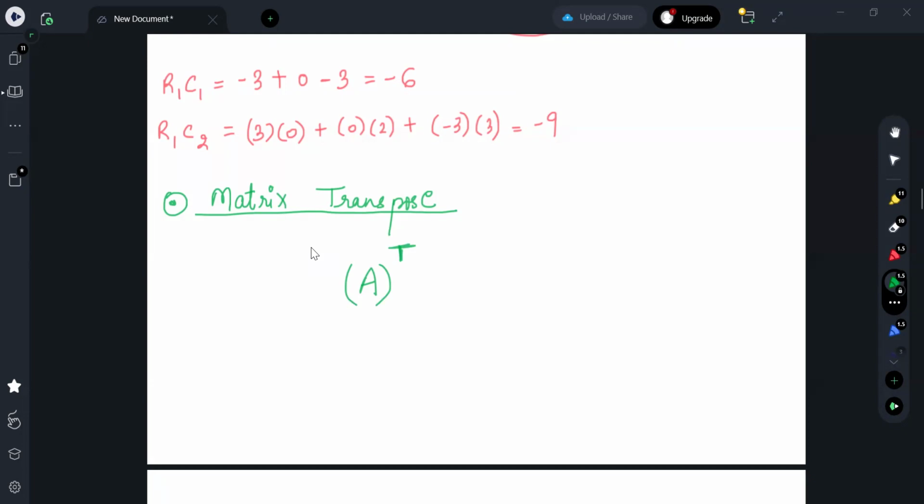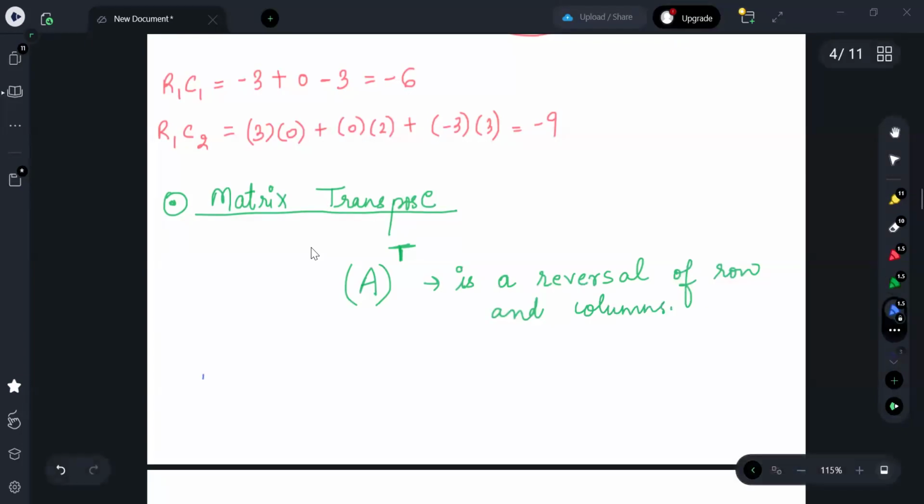And how do I do this? It is a reversal of rows and columns. Okay? So if I give you a matrix A, let's say, and I say 3, 2, -1, 0, 1, -2.